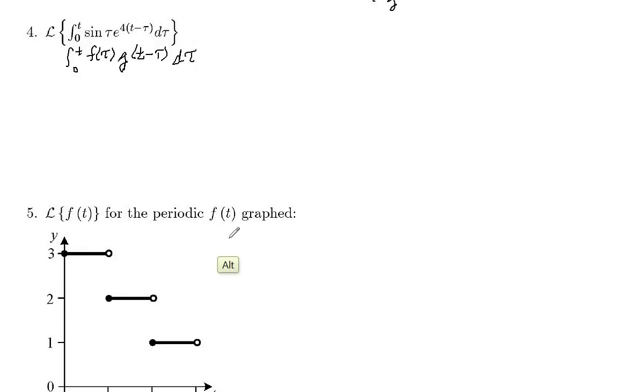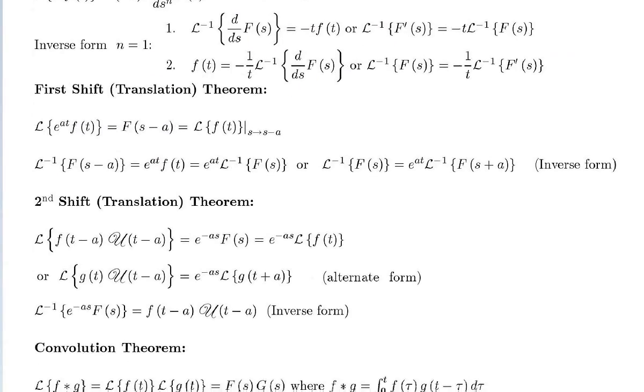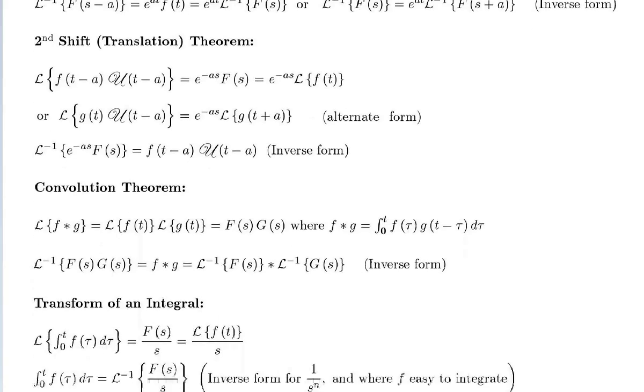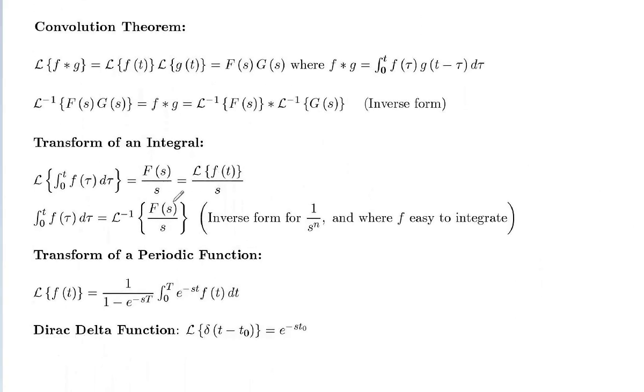So when we go to our transform sheet here, we've got our convolution theorem, and then we've got the transform of an integral. So these are the two that involve integrals. If you're just doing the transform of an integral, you do the transform of the inside function divided by s. Okay, but that's not quite what we've got.